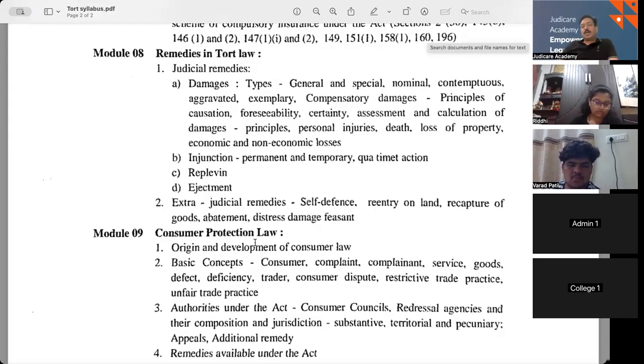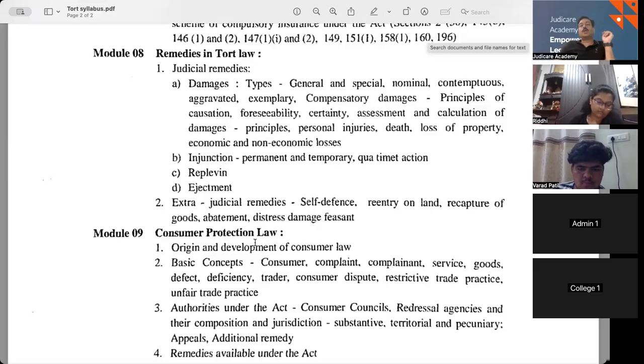Recapture of goods is where you have to go back and prove that this is an extrajudicial remedy where the capture of the goods is done by you. It is not someone who has encroached on the materials, but someone who is recapturing the goods for themselves. Abatement and distress damage feasant are also of a similar type, where abatement is where some legal rules have been violated, and that has caused this situation.